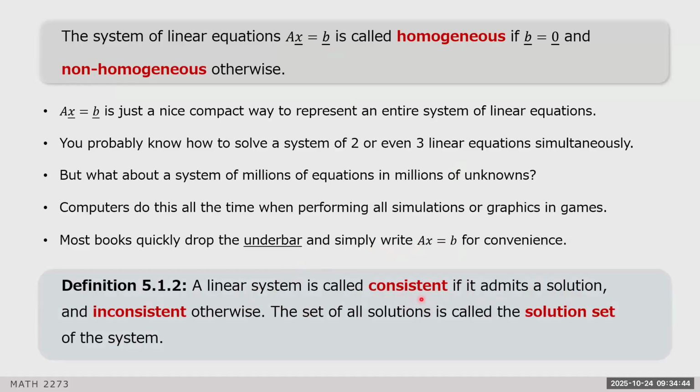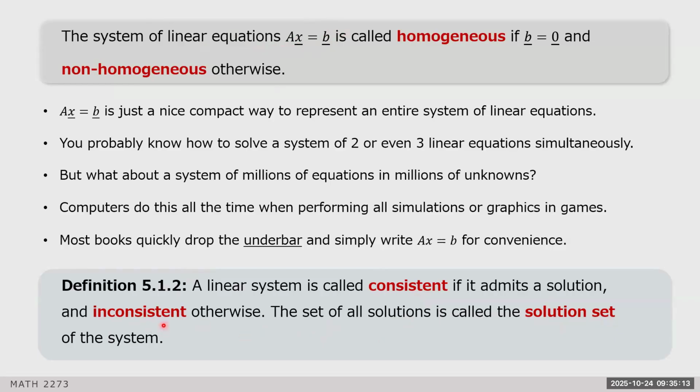If it does not have a solution, if you can't find any vector x such that Ax equal b, we say the system is inconsistent. And the set of all solutions is what we call the solution set. The solution set might be empty. If the solution set is empty, it's inconsistent.